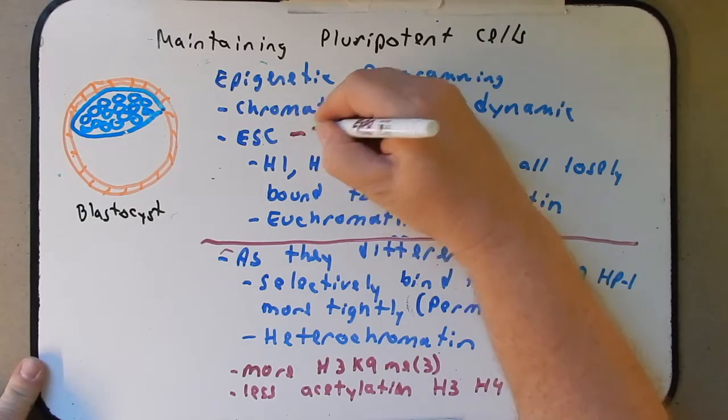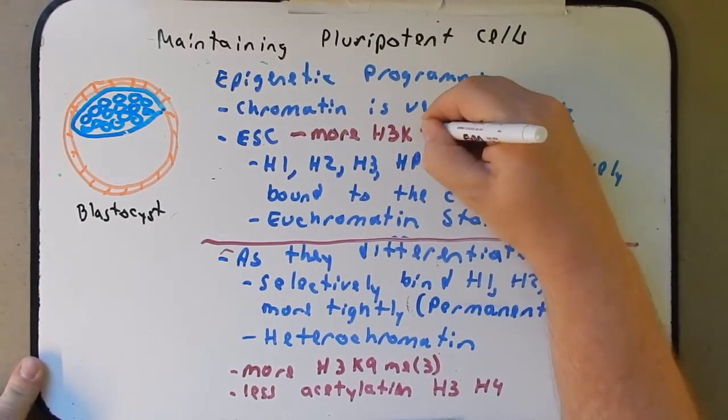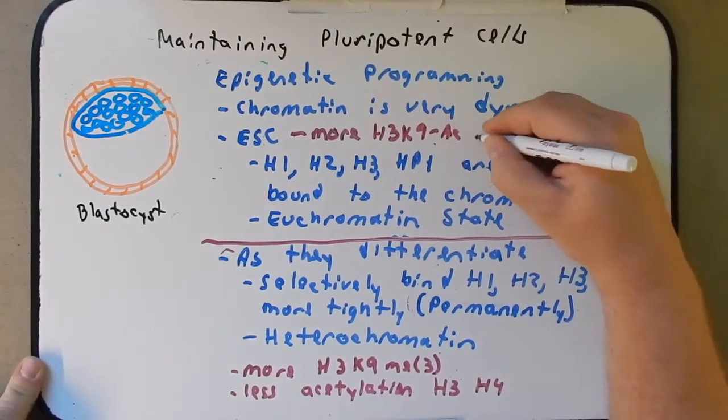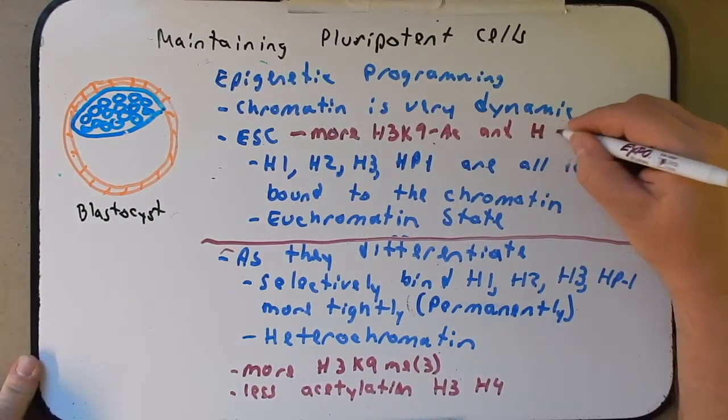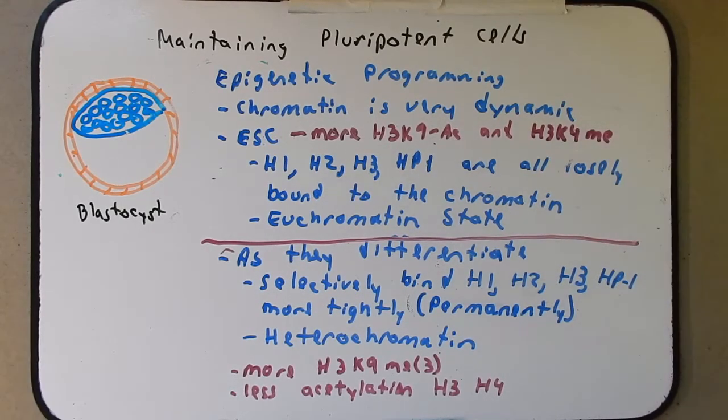And let me just write it here. We see more H3K9 acetylation and more H3K4 methylation, both signs of euchromatin formation.